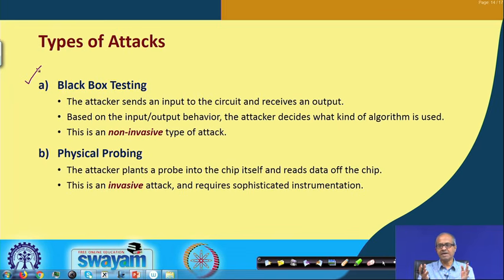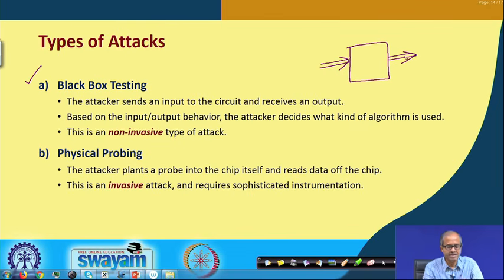We are not carrying out an invasive attack, we are not breaking it open. So, we have a device, we leave it as it is. What you can do, we can apply some input from outside and you can see what output it is generating. Just from the input output behavior, we can try to obtain some information about the device. This is black box attack or black box testing.